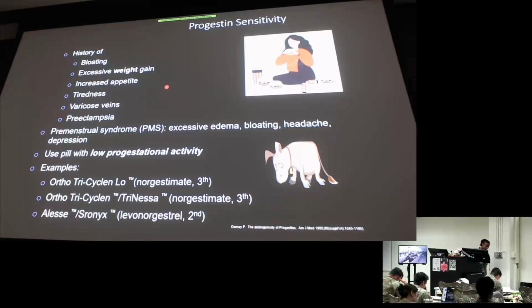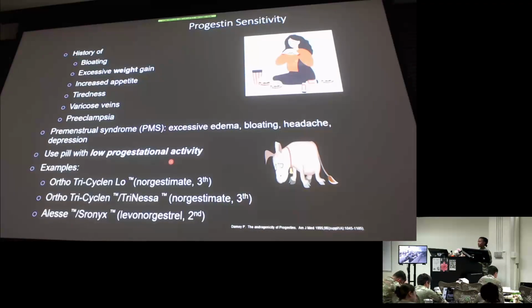If you see people who have preeclampsia or varicose veins, these are your patients who are more progestin sensitive. You can also see some people who present with PMS, or premenstrual syndrome. With this, they have edema, bloating, headaches, mood changes. Usually they're sad around the time that they're going to start their cycle.